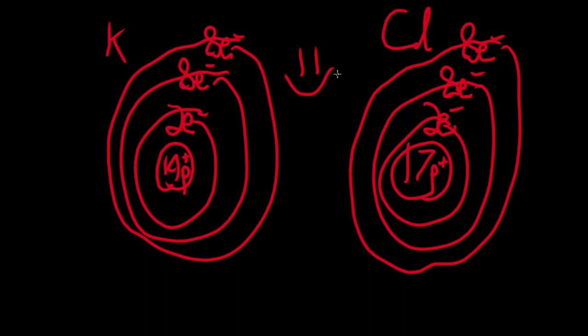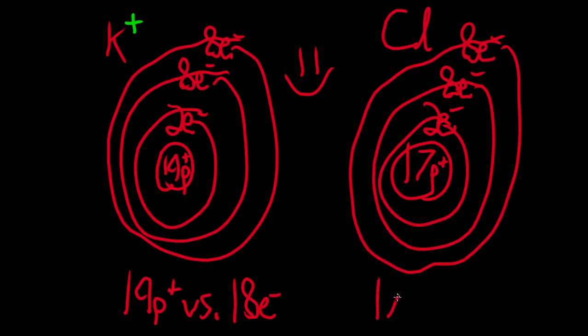There's a little smiley face showing that they're happy. However, the charges on these are no longer neutral. So if I compare my number of protons to my number of electrons for potassium, I've got 19 protons versus 18 electrons. So that means that my potassium is now going to be positively charged. All right, and then I can check out my chlorine.